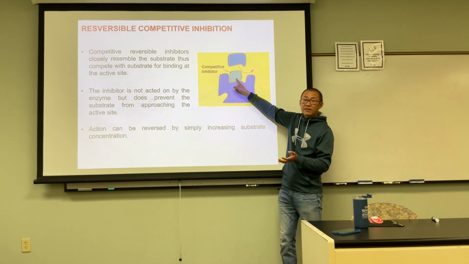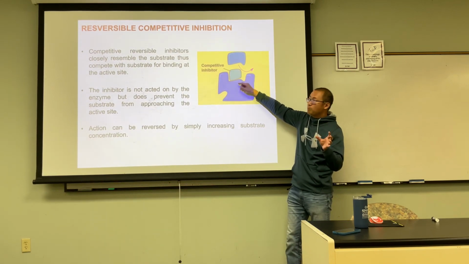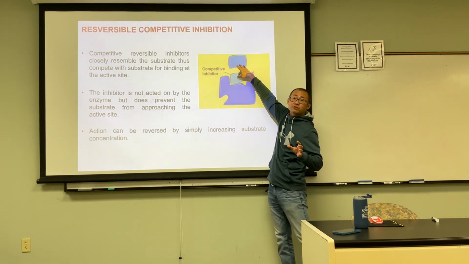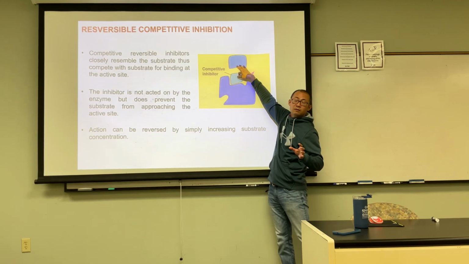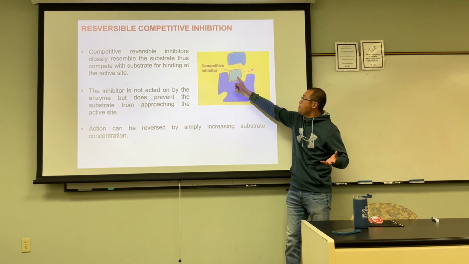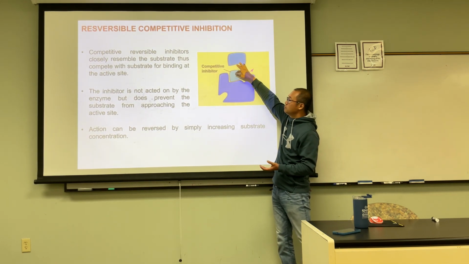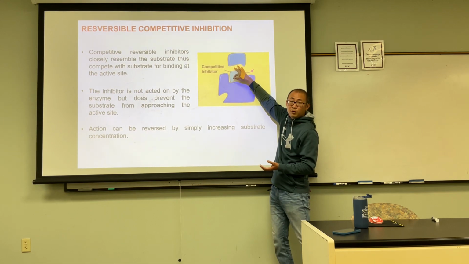Now, quick question. When a competitive inhibitor binds to the active site, what can you tell between these two, structure-wise? We know substrate binds the active site, and now competitive inhibitor also can bind to the active site. So what can you tell about the structure of these two?